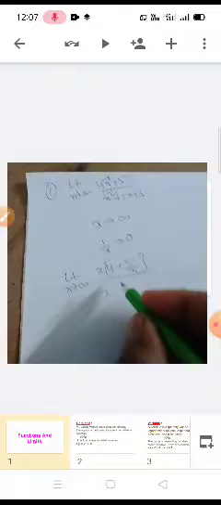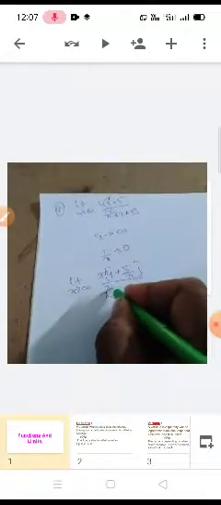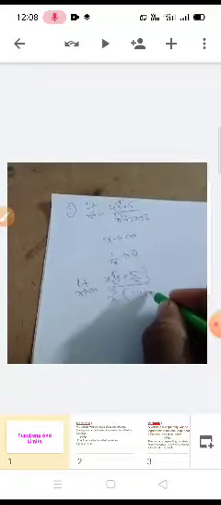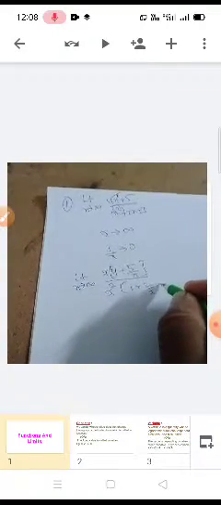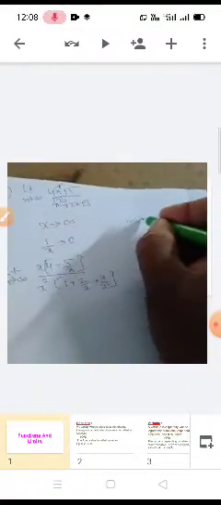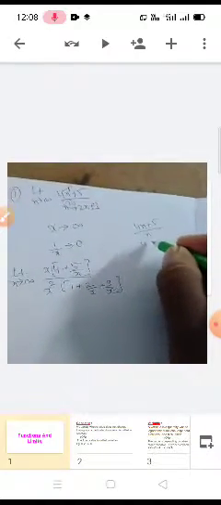In the denominator, taking x square common gives 1 plus 2 by x plus 3 by x square.